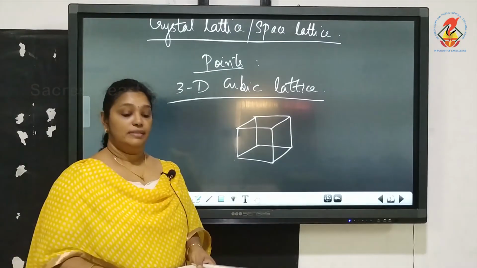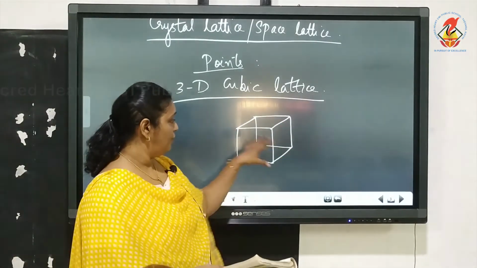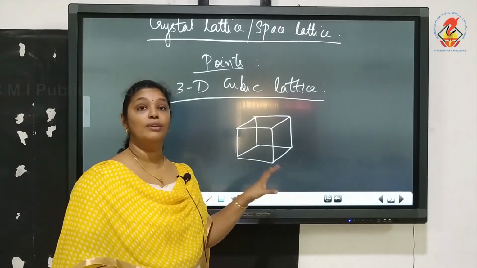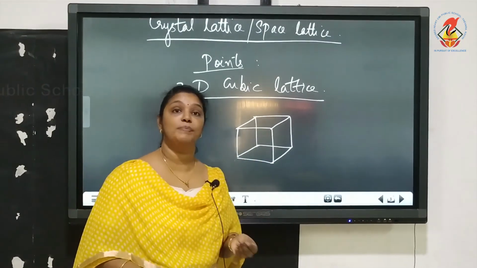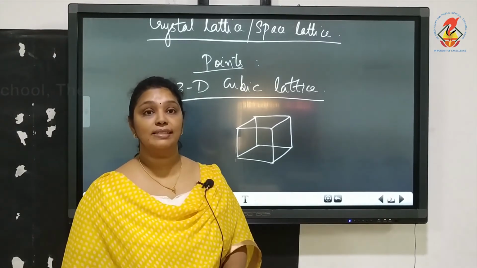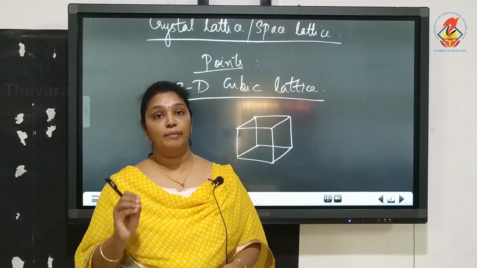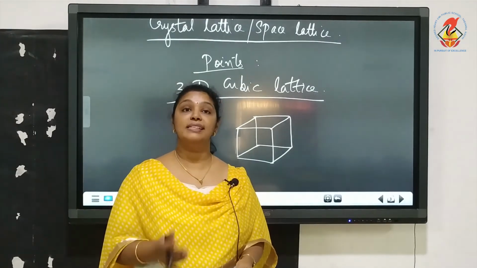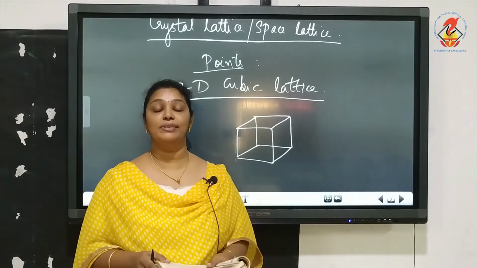Now, a large number of such cubes will together form a crystal lattice or space lattice. So, what is the definition of space lattice or crystal lattice? It is the regular three-dimensional arrangement of points in space. Now, let us see the characteristics of the crystal lattice.